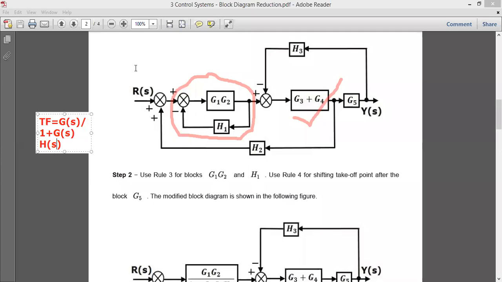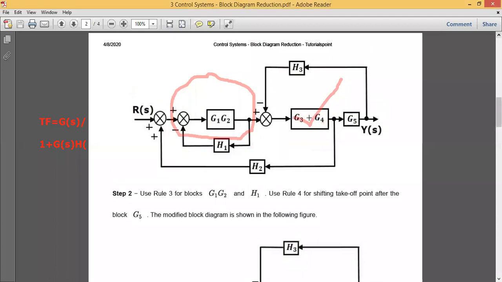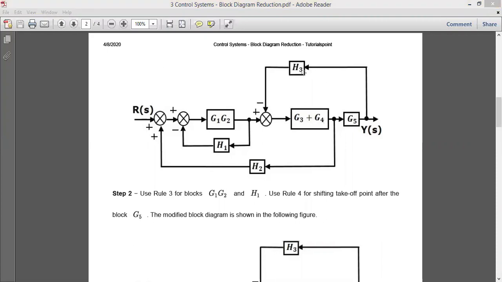So therefore, now let us apply step number 2. From the observation, this is a small feedback we have, and this takeoff point should be shifted to Y(s). Now you may ask me one more question: there is a feedback, this H3 is feedback with the G block, so why can we not simplify?